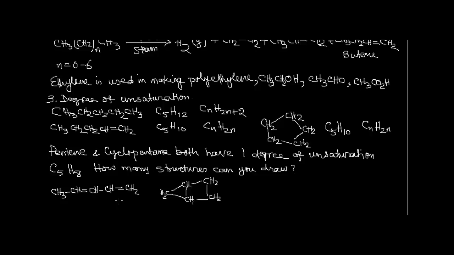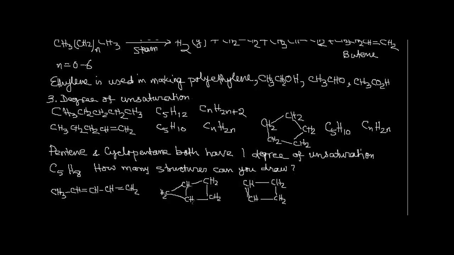So either 2 double bonds or 2 ring structures or 1 ring structure and 1 double bond. So I can have this. I can put a double bond in here. So I have 1, 2, 3, 4. I have to have 5 carbons, don't I? So this is not possible, 4 carbon is not possible.